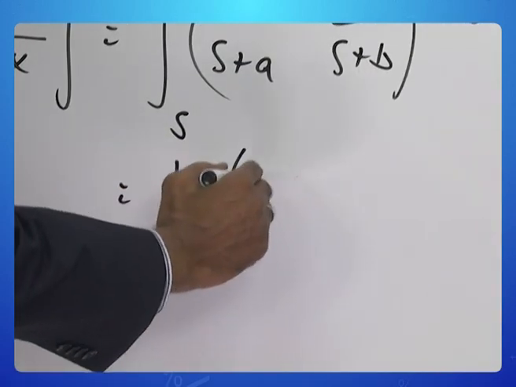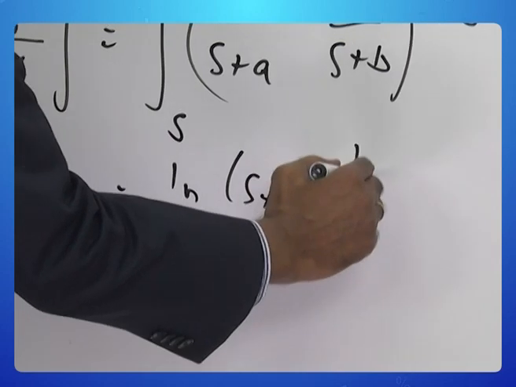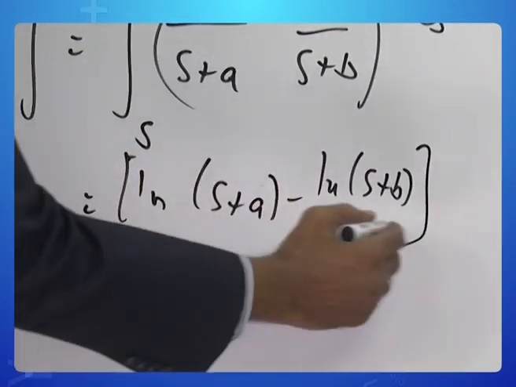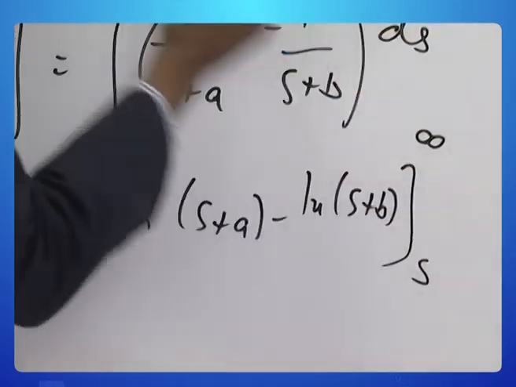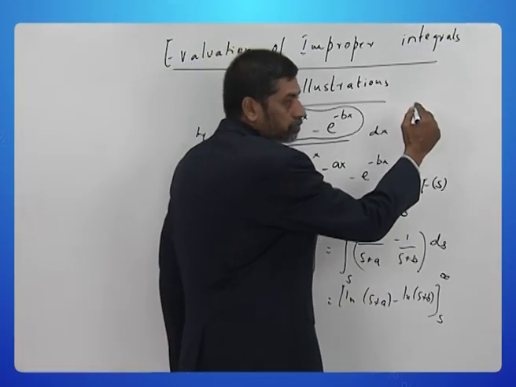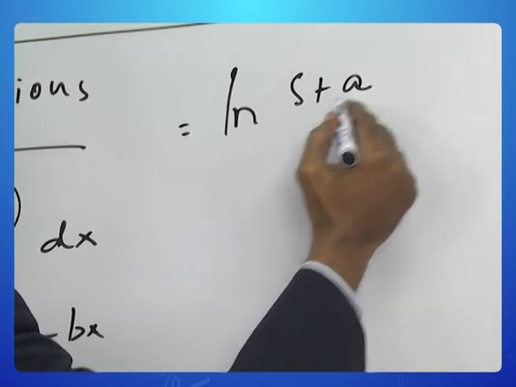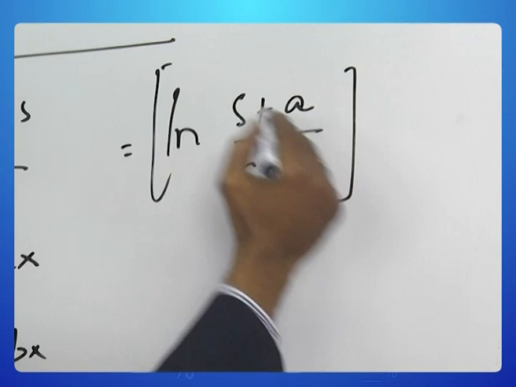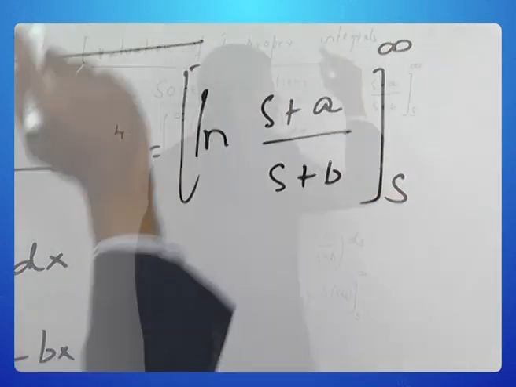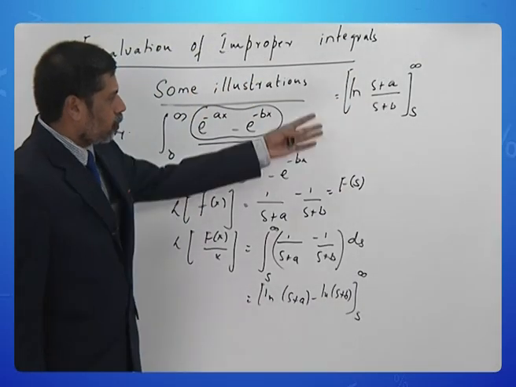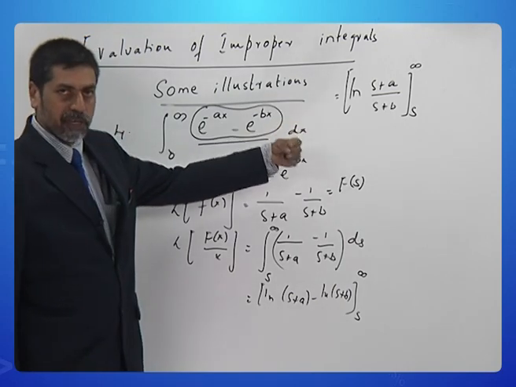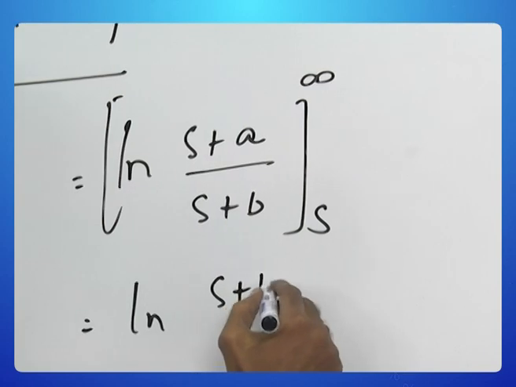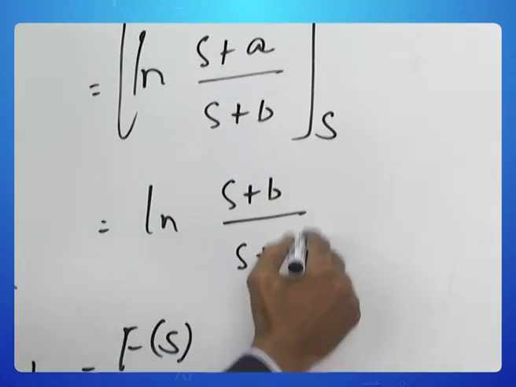Log of s plus a minus log of s plus b. Simplification, log of s plus a by s plus b from s to infinity. Well, you can manage these substitutions, you have to be careful, but you will ultimately get log of s plus b by s plus a.